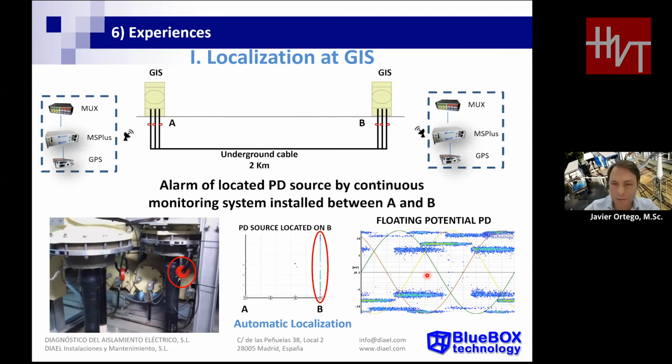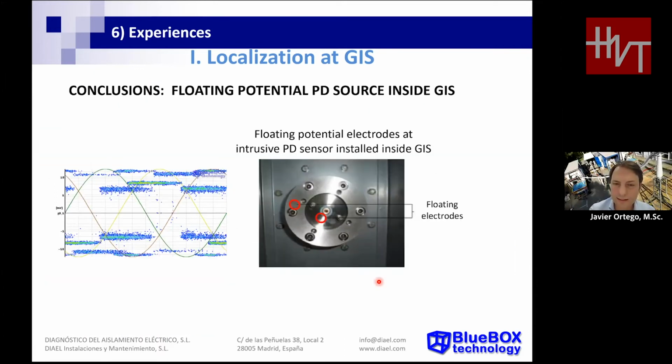When we analyzed this phenomenon in this installation, which was a 220 kV GIS, we spoke with the customer, and the customer finally identified with the GIS manufacturer that there was a problem with the invasive PD sensor.